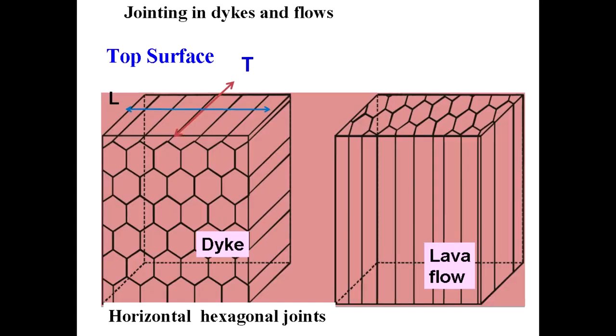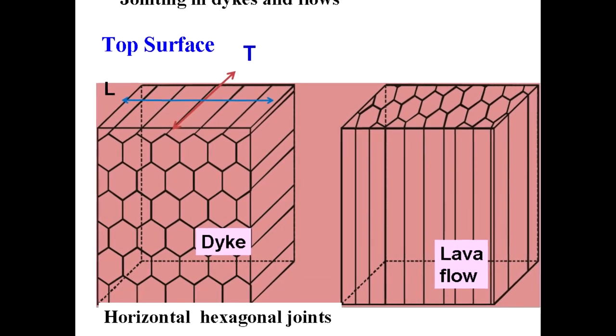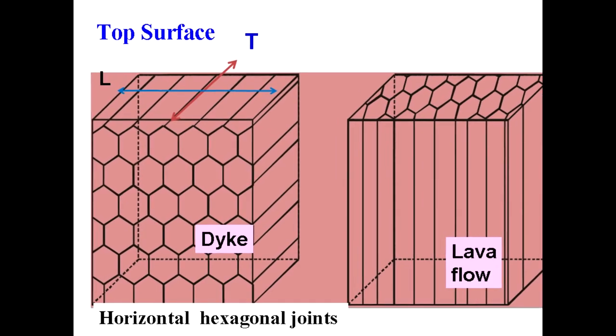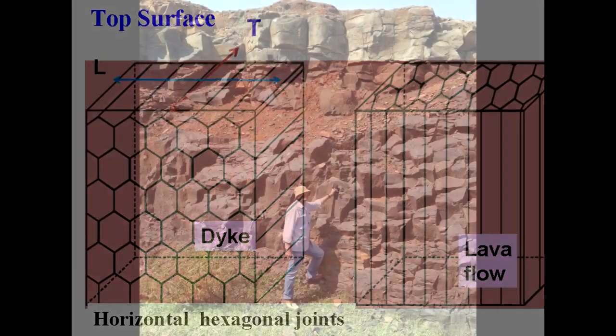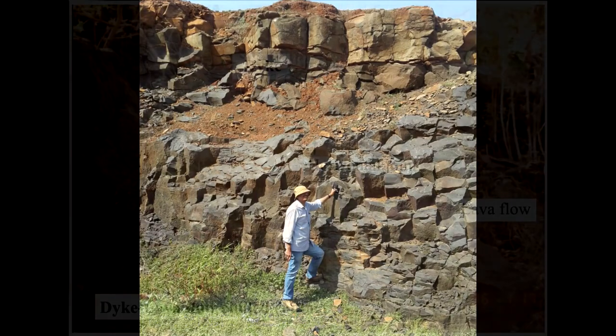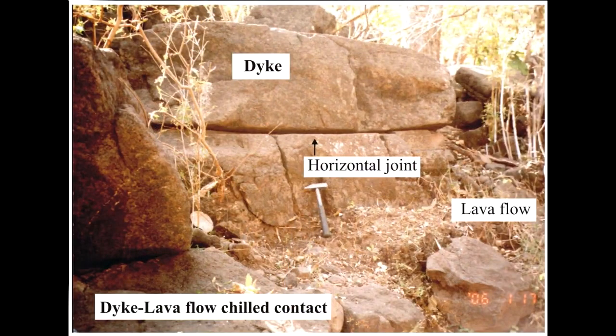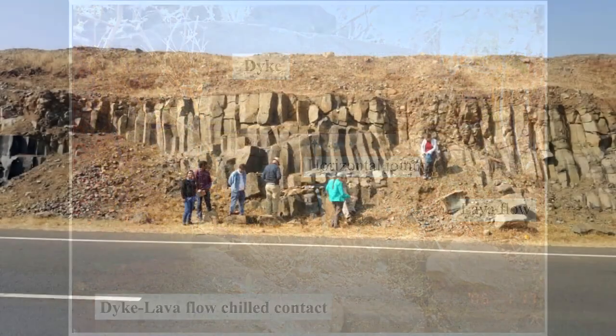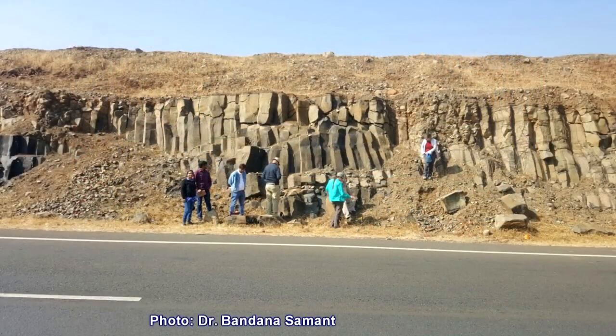When they are horizontally disposed, it is certain that they are from dikes. Here I have shown one picture of lava flows with hexagonal joints. In the case of a dike, horizontally disposed hexagonal joints are shown in this picture, and in the case of lava flow, joints are vertically disposed in the field. That is a very important character here.